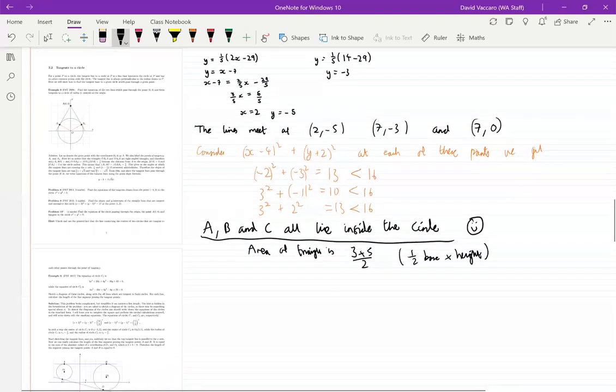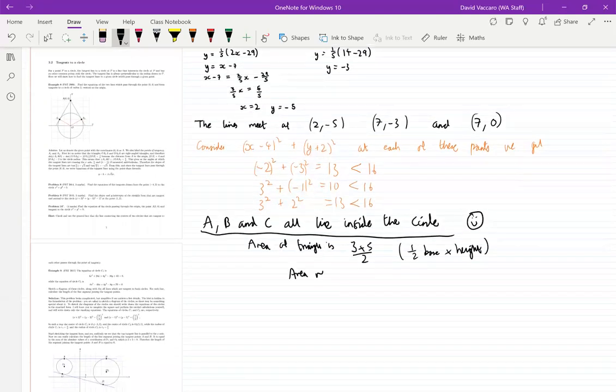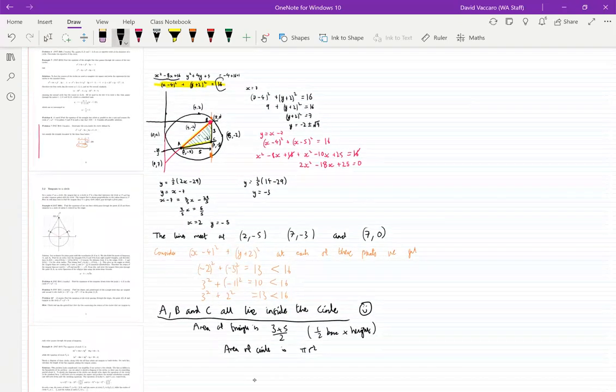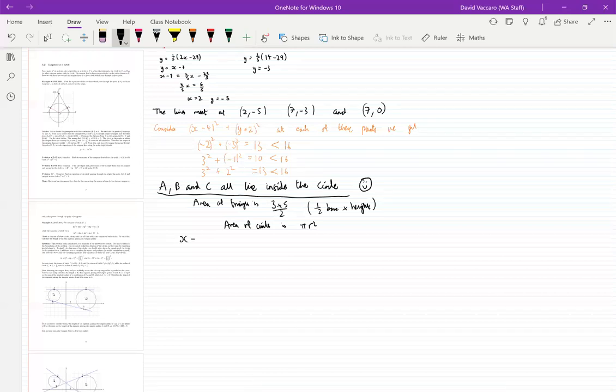Okay, and then the area of the circle is pi r squared, but we can read off the radius of the circle from the Cartesian equation. So in x minus 4 squared plus y plus 2 squared equals 16, this 16 is equal to the radius squared, so the radius is equal to 4.